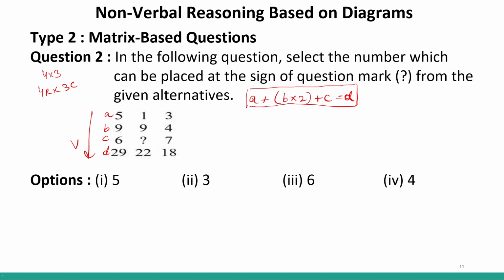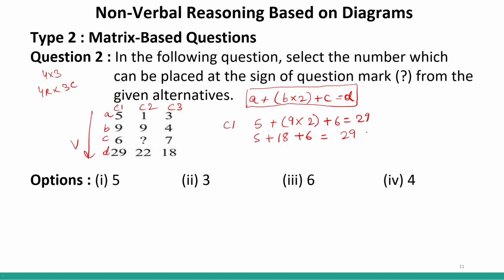Now, how? This is column 1, this is column 2 and this is column 3. So for column 1, if you see, 5 plus 9 into 2 plus 6 will give me 29. Correct? So 5 plus 18 plus 6. 5 plus 6 is 11. 11 plus 18 is 29. So 29. This is correct.